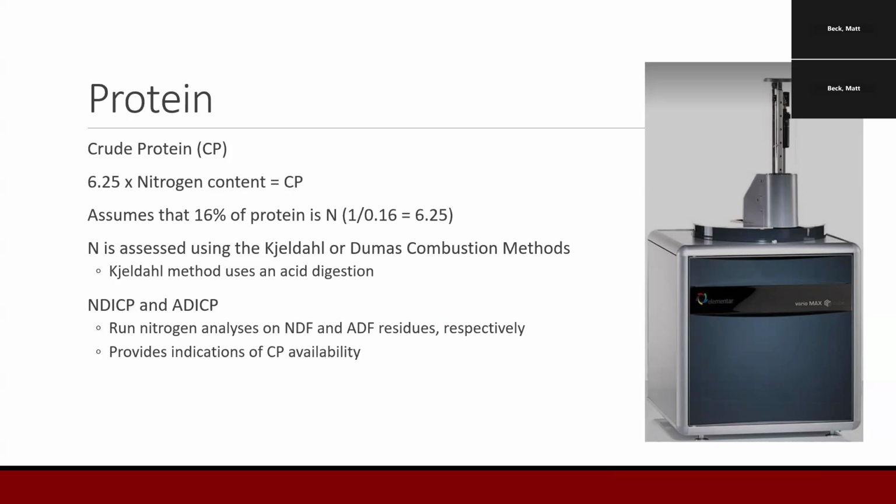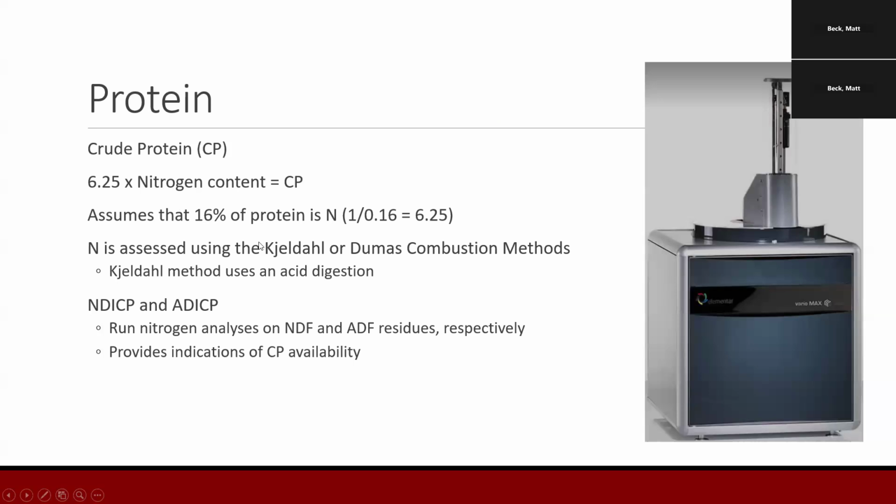So we can measure crude protein as nitrogen content times 6.25. Again, 6.25 is because we assume that all amino acids are 16% nitrogen, so 1 divided by 0.16 is 6.25.